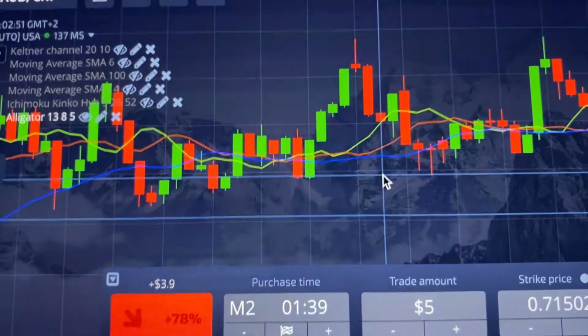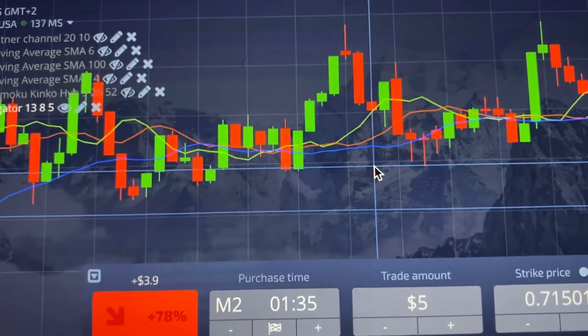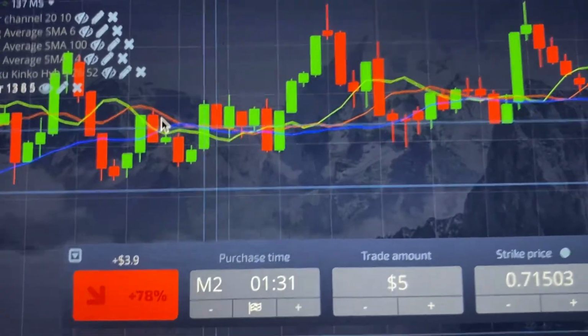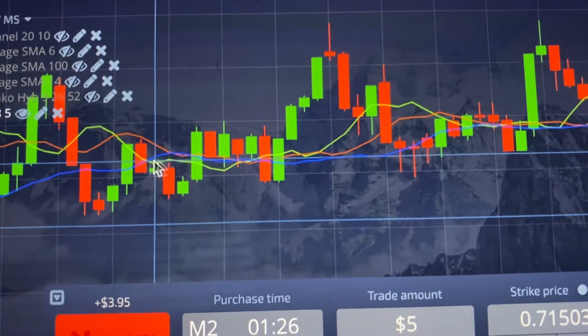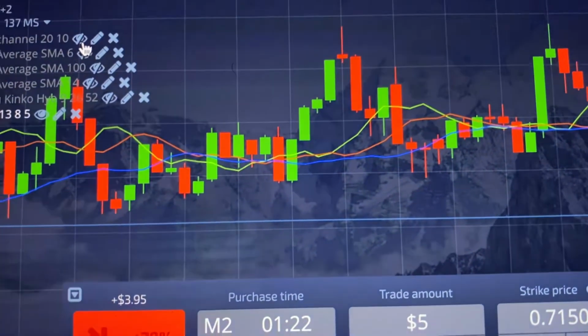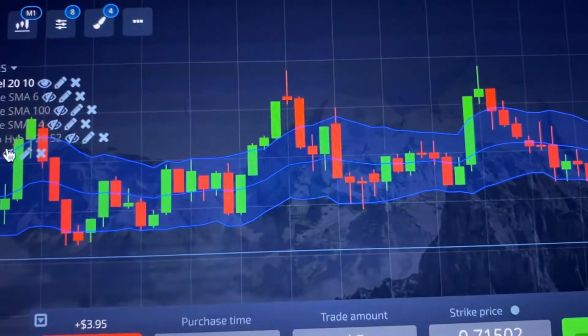How do they both work? I was still new, and I didn't realize that they both work because they work in different market conditions. This strategy right here will not work in a consolidated market.